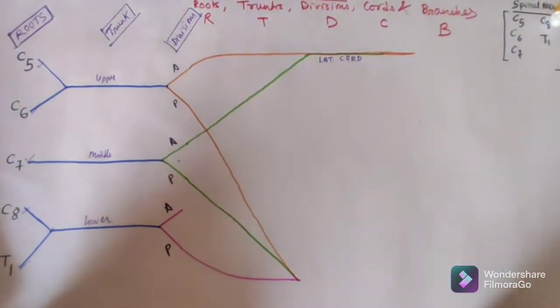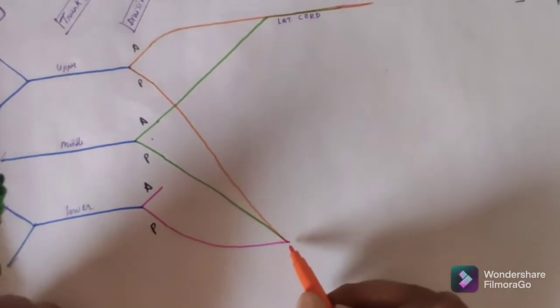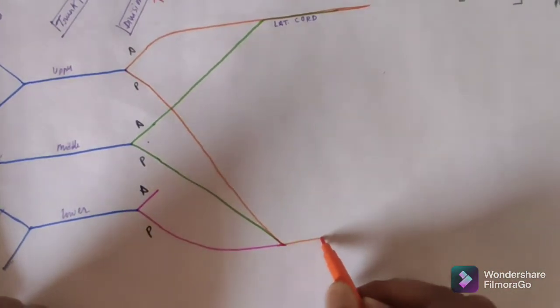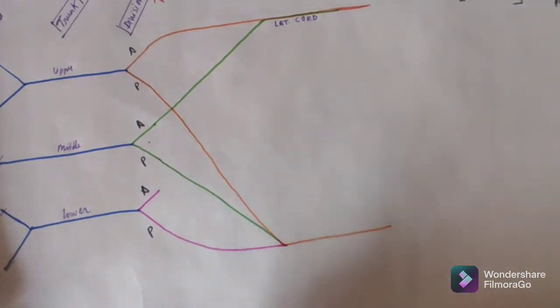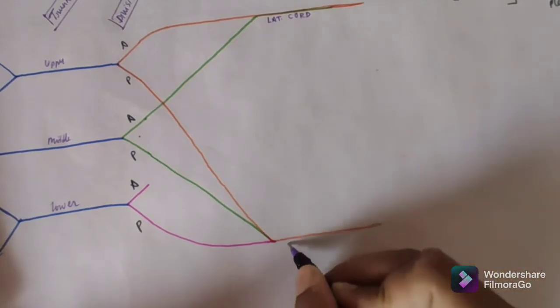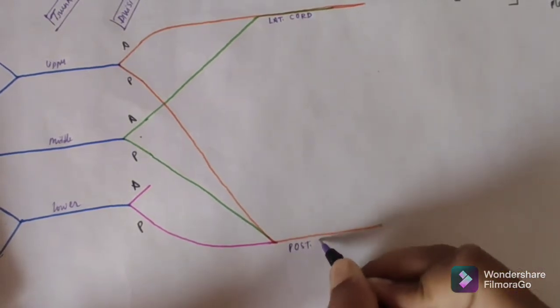These three posterior divisions will unite to form the posterior cord of the brachial plexus.